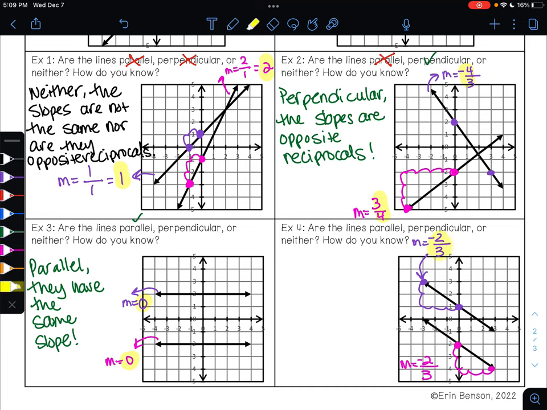Are these slopes the same or opposite reciprocals or neither? They are the same. When we have same slopes, is that parallel or perpendicular? Parallel. So these are parallel lines because they have the same slope.